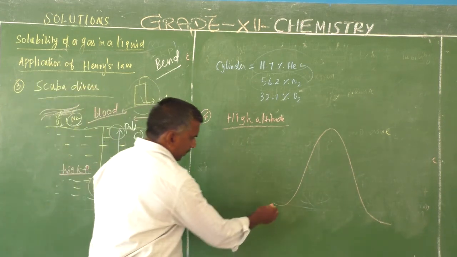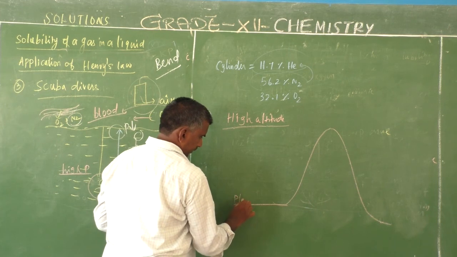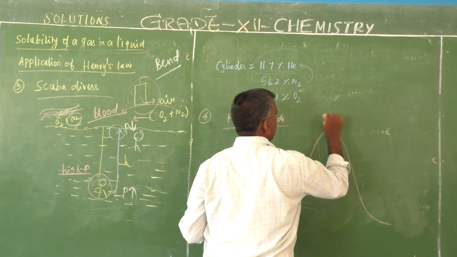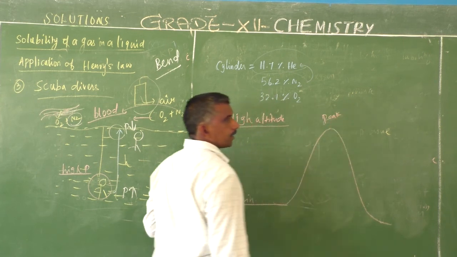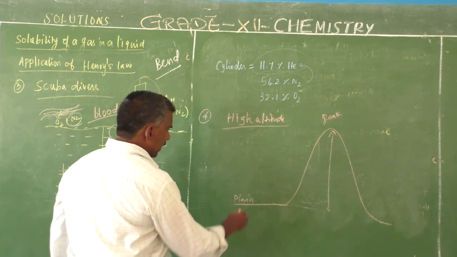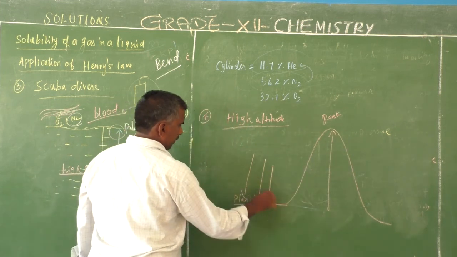This is a plain area, and this is the high peak area, a great height above sea level. Here at the plain there is normal pressure.